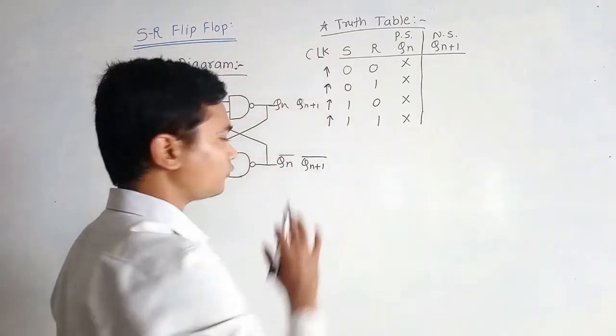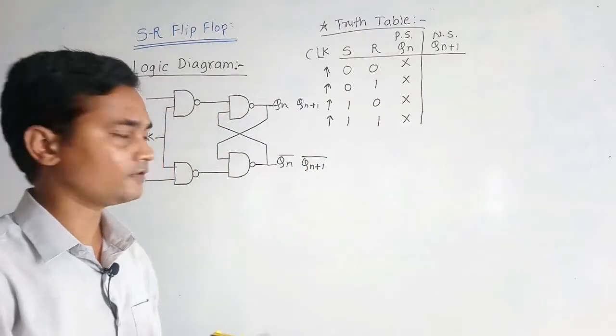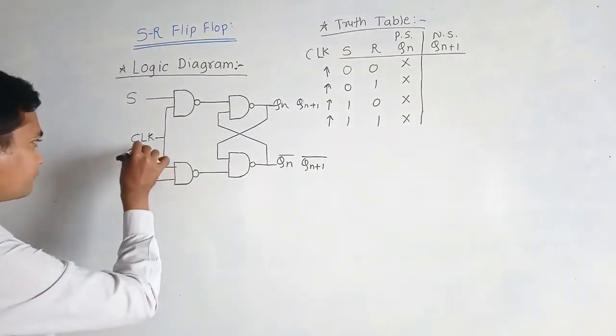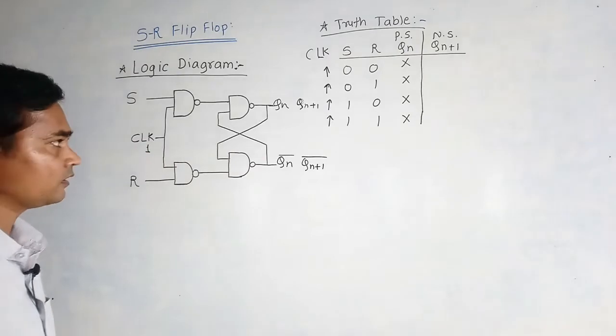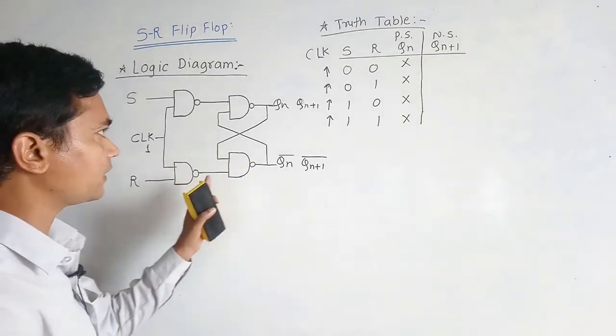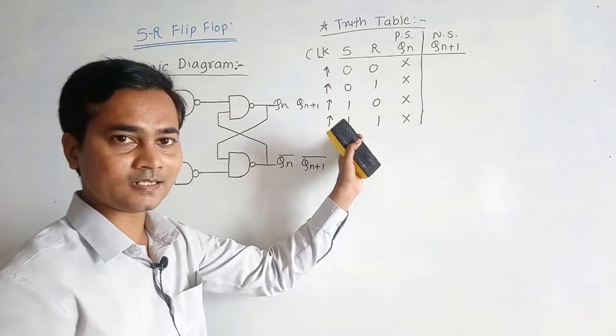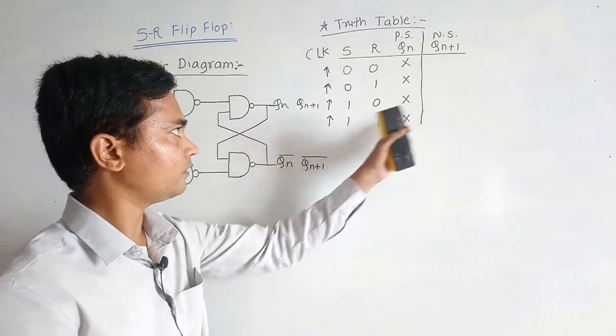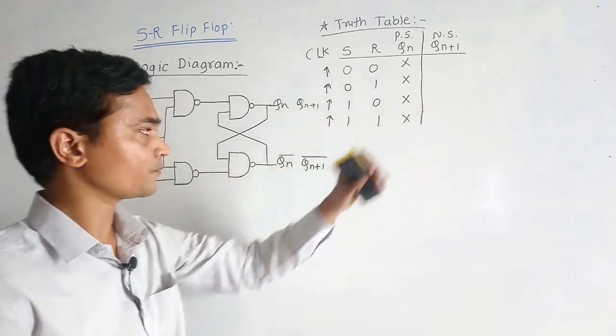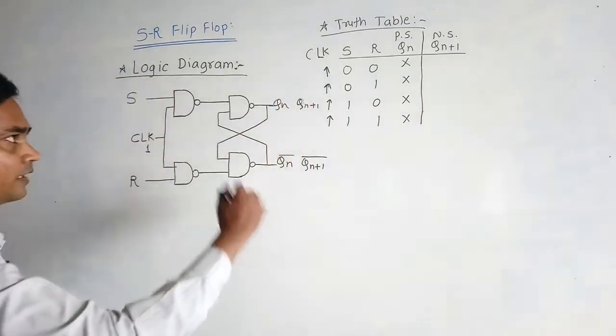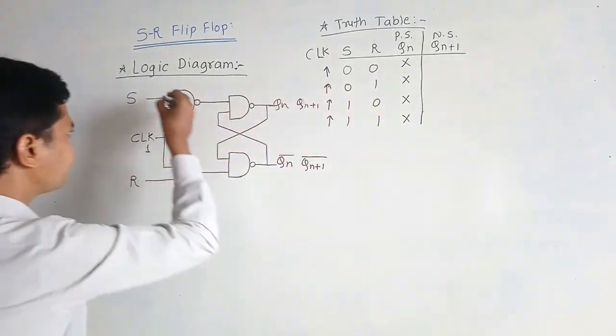We will consider only the rising edge, which means logic 1. Now we consider these 4 combinations as input and obtain Qn plus 1. Taking the first combination, that is 0 0.